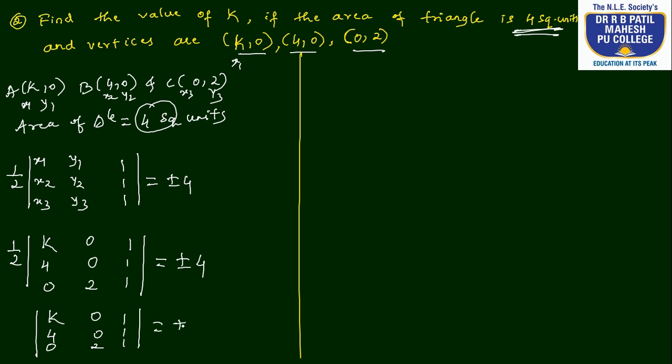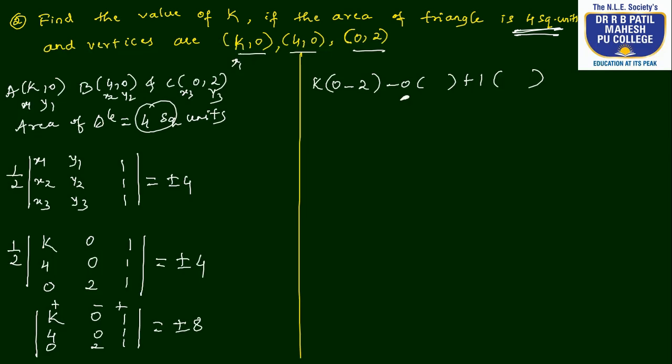Okay, expanding it, plus minus plus along the first row, k into bracket, cross multiplication, leaving the first row and first column, as I explained how to find the determinant. 0 into 1 minus 2 into 1. Next, minus 0, luckily again we get 0, just forget it, plus 1 into, if 0 is not there, you should solve this now.